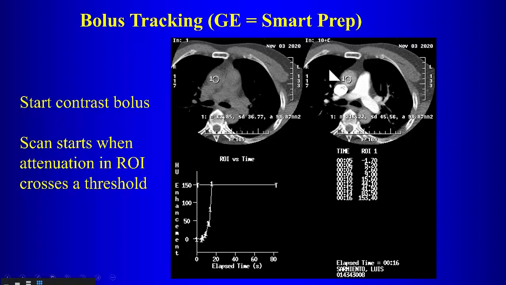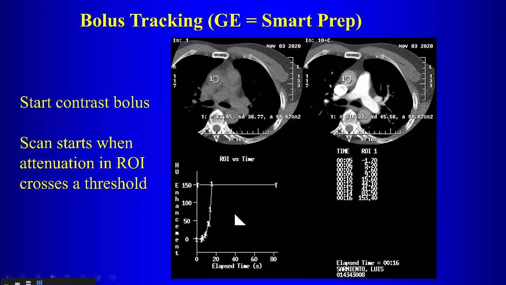And we have this region of interest that we can place over the vessel of interest, and it measures the attenuation there within that region of interest as the contrast is going into the vessel. Once it hits this particular threshold, and here we've chosen 150 Hounsfield units, then it triggers the scanner to begin scanning.